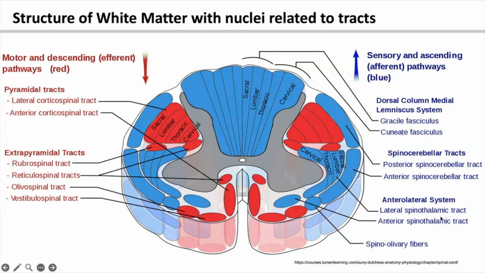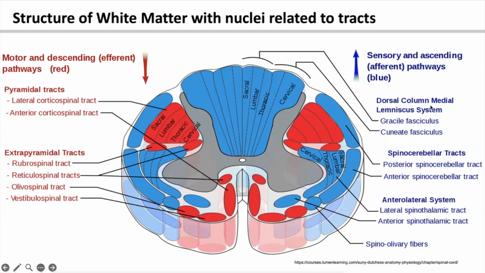The anterior spinothalamic tract is for crude touch and pressure. It crosses in the spinal cord near the anterior white commissure. No, this is not above. It is at the level of the spinal cord. There is decussation in the spinal cord, and then it goes into the thalamus to the somatosensory cortex.